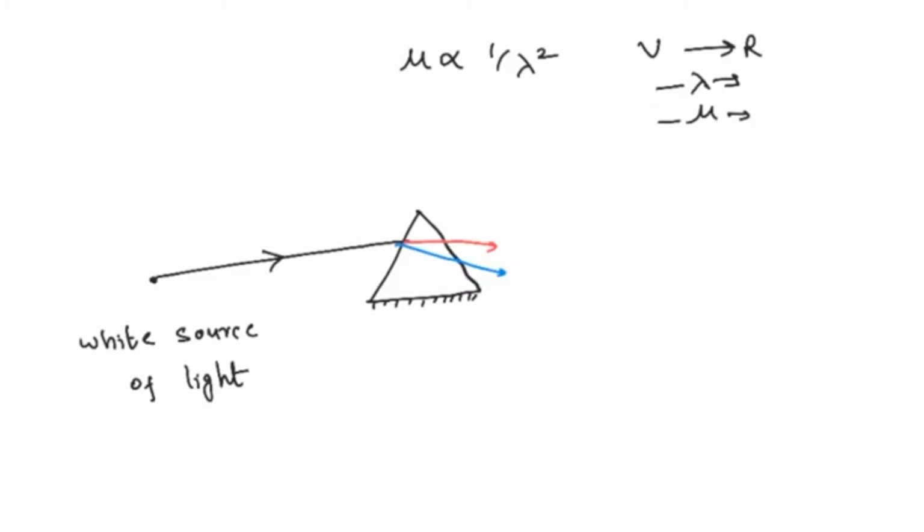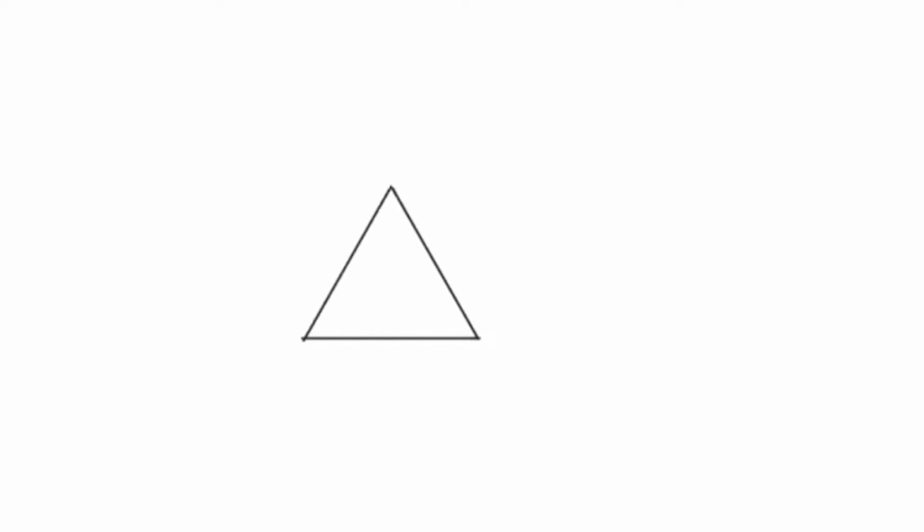So let me make this diagram once again. This is the prism, and as the light enters into our prism, here I am only going to consider one ray.